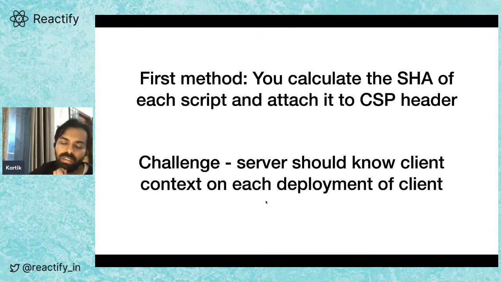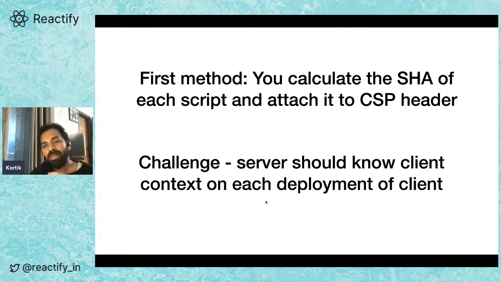You can consider that while your website is being built and once you have deployed it, at build time you can calculate this SHA and add it to the server side.